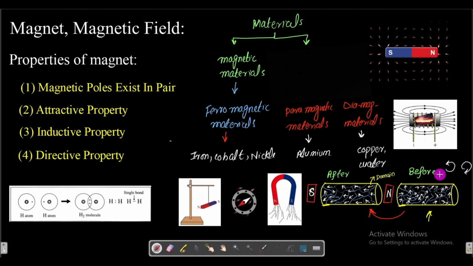So this electron, due to spinning, produces a magnetic field. Let's say this side will be north and this side will be south, and the other electron is moving in opposite spin, so here this side becomes south and this side becomes north. Now, in this case, in the orbital the electrons are in opposite spin.